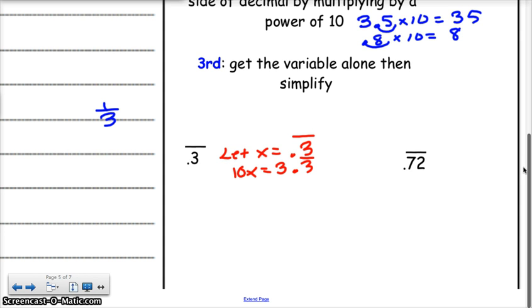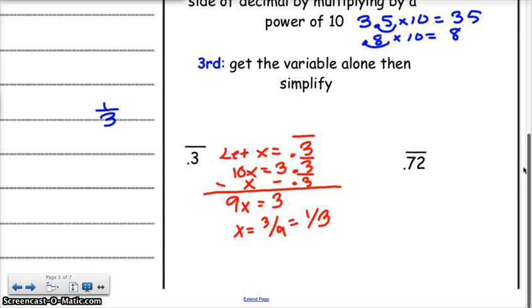I'm going to take an x away because that gets rid of the pattern, so I'm going to take an x away on both sides. 10x, take away an x, I have 9x equals 3. Divide through, x is 3/9, which is 1/3. Your turn.